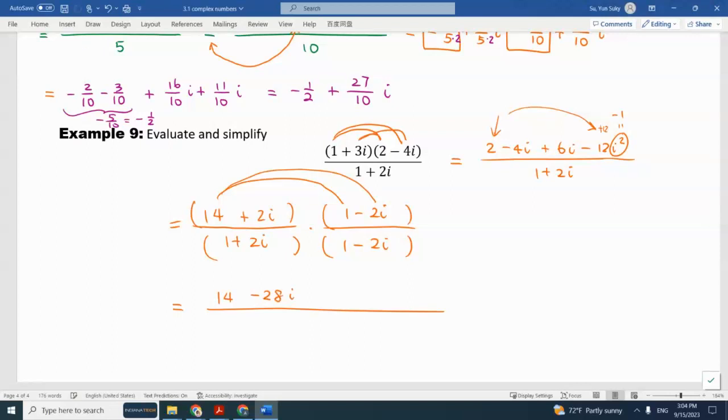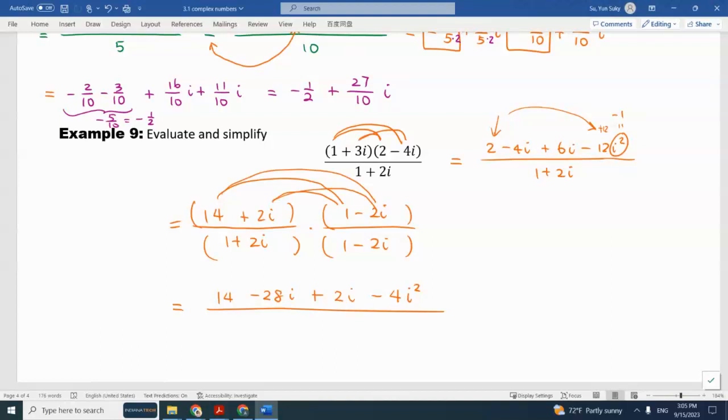You mean 2i? And then? 2i times 1 is 2i. 2i times minus 2i. Minus 2 times 2 is 4i squared. Right? Okay.